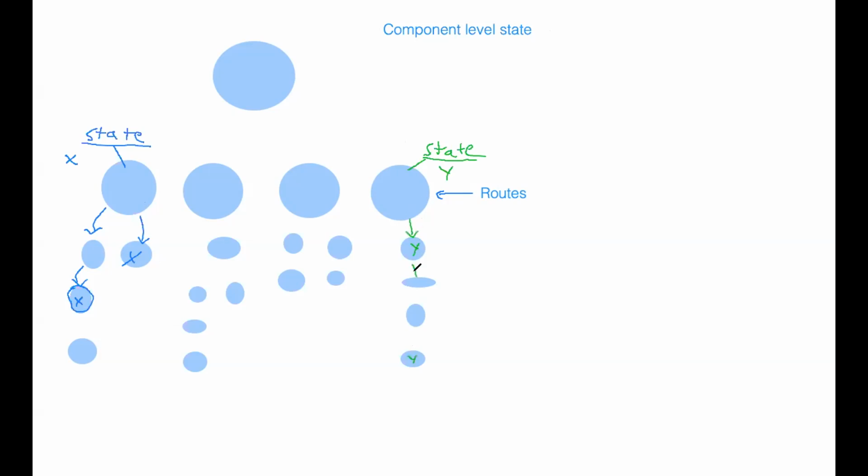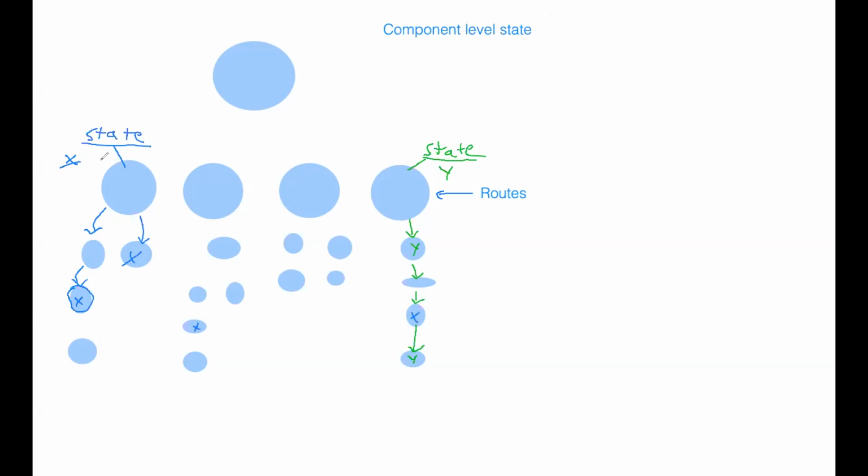So we pass it down as props so that its children components can render that state. So let me try and demonstrate what issue we are trying to solve here. What happens if we take state X and we say, well, we need to display state X here. We need to display state X here.